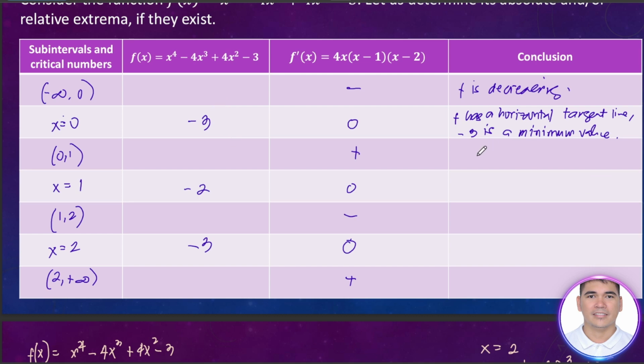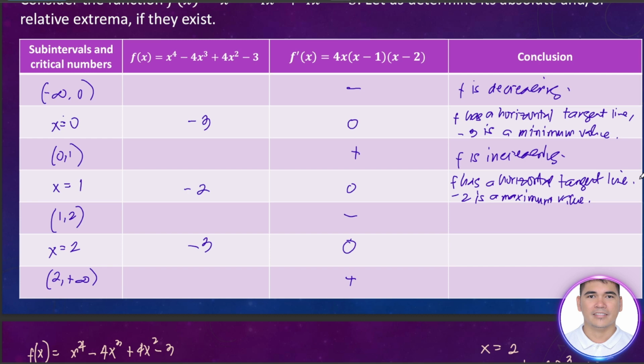Next is positive, so f is increasing. Here also we have 0, so f has a horizontal tangent line, then negative 2 is a maximum value. So we have negative, so f is decreasing.